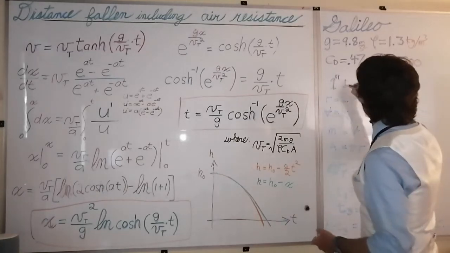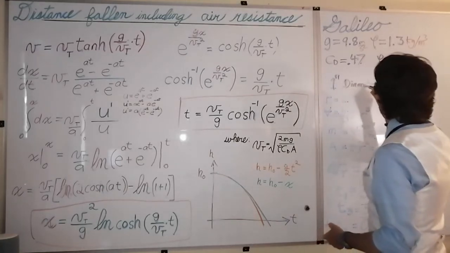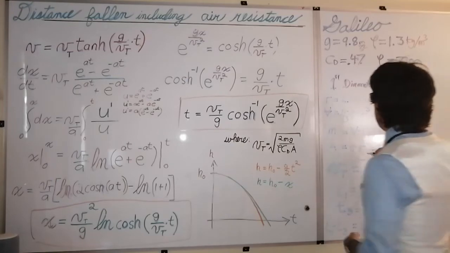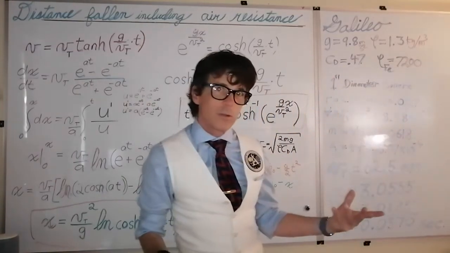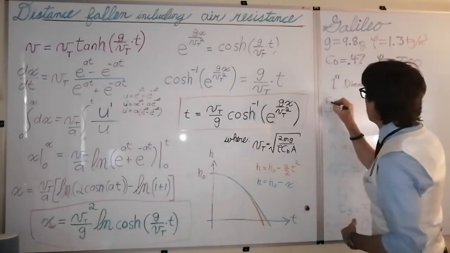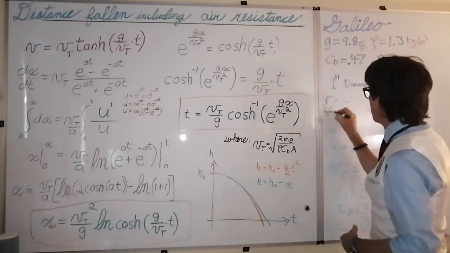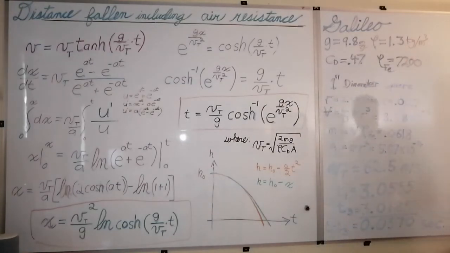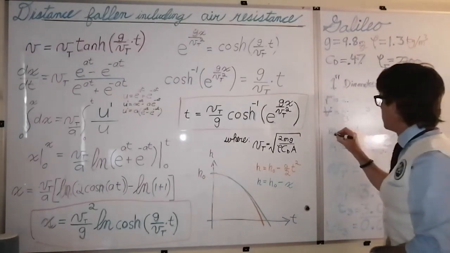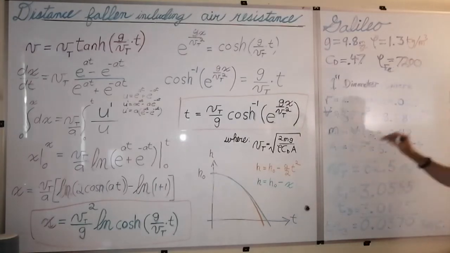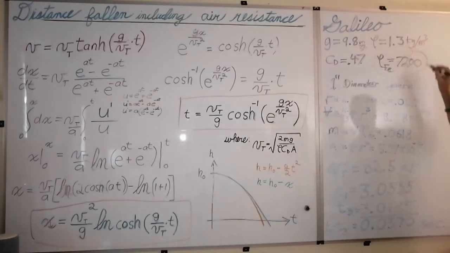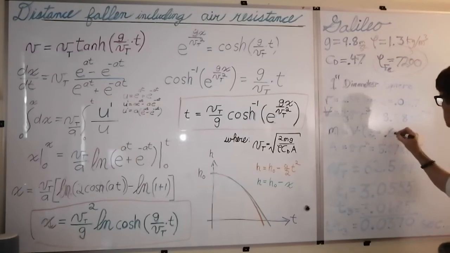So what I'm saying is that for the 1-inch diameter, you'll solve for the R, and you'll solve for the volume, and you'll find the mass using the volume and the density. And there I found it to be 0.0618.